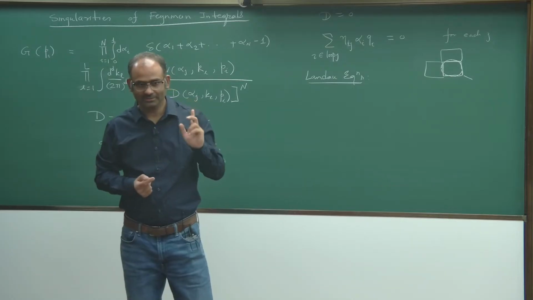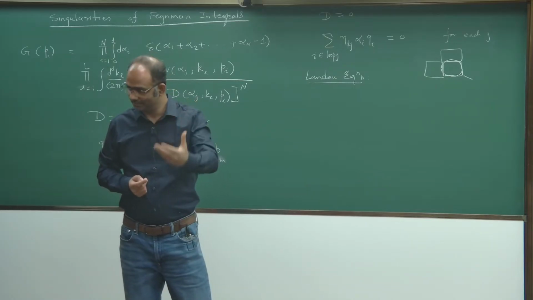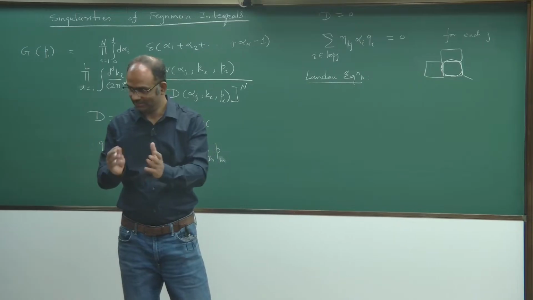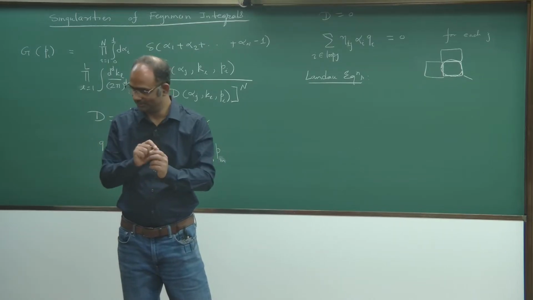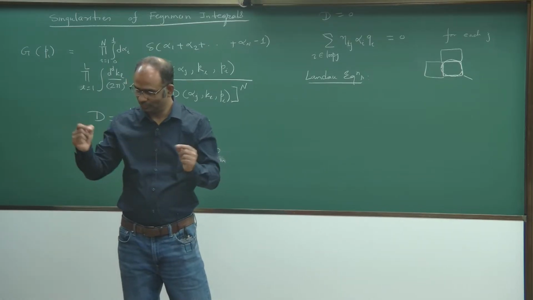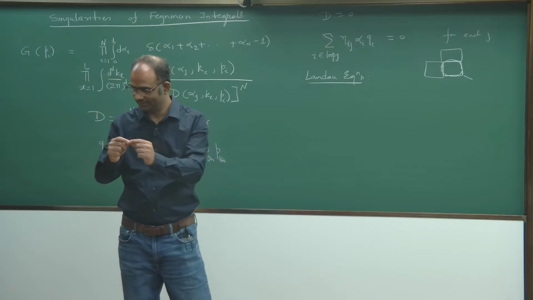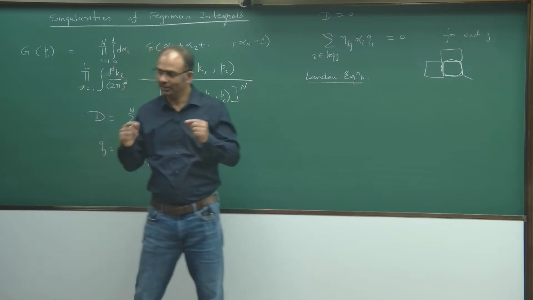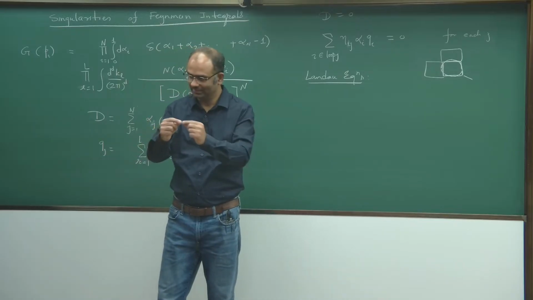Remember how we arrived here. We said let's take the derivative of the quadratic part corresponding to a loop momentum kj, and say that the two poles corresponding to kj collide. Now when you impose that condition, all you are able to say is that the poles collide.